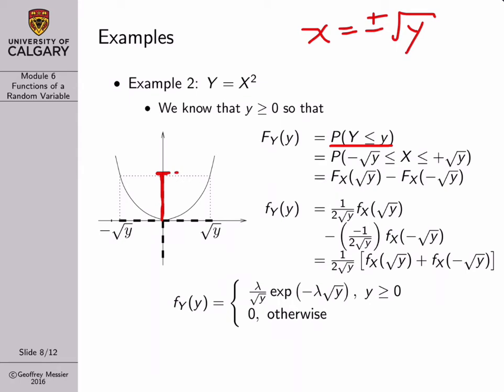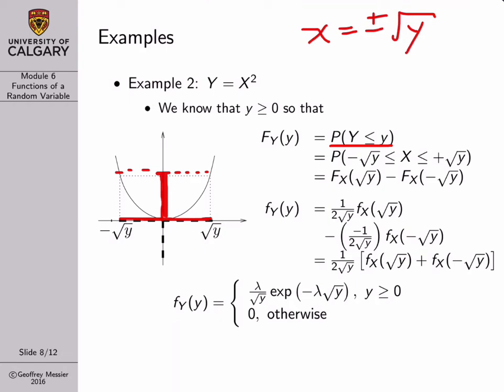And we have to translate that into 2 directions because of the 2 solutions for our inverse function. So the probability that y falls into this region is equal to the probability that it falls into this closed region on the x-axis, bounded by the 2 solutions of our inverse function.